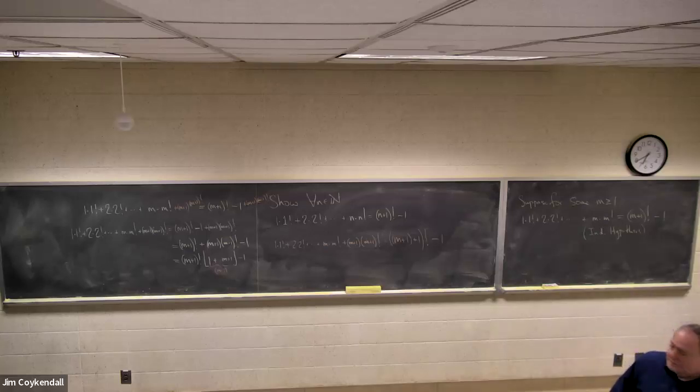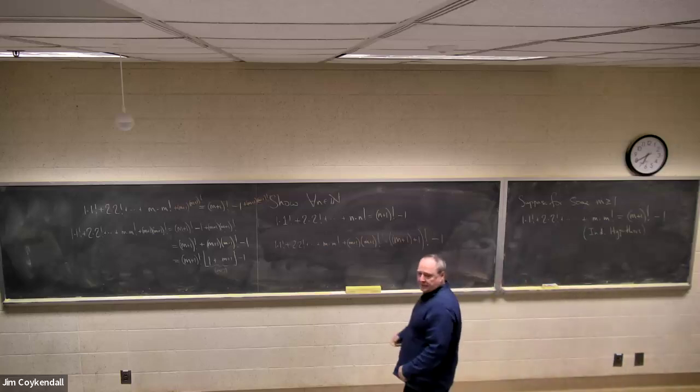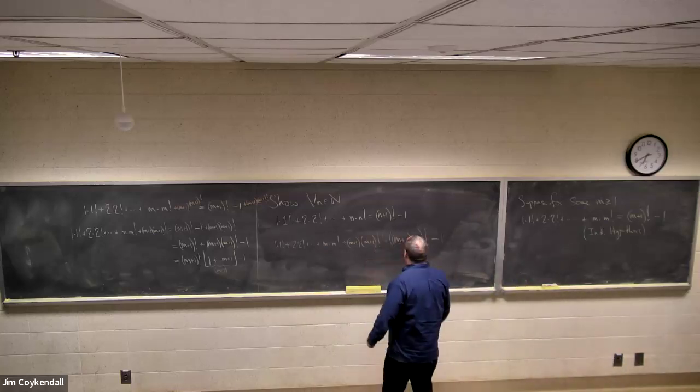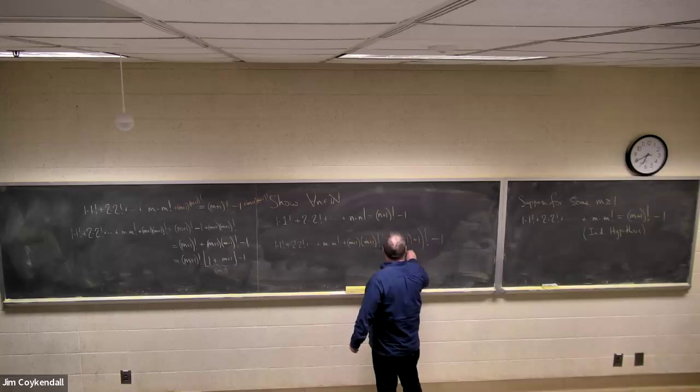The last step. Which one was that? Well, this is (n plus 2) factorial, right?